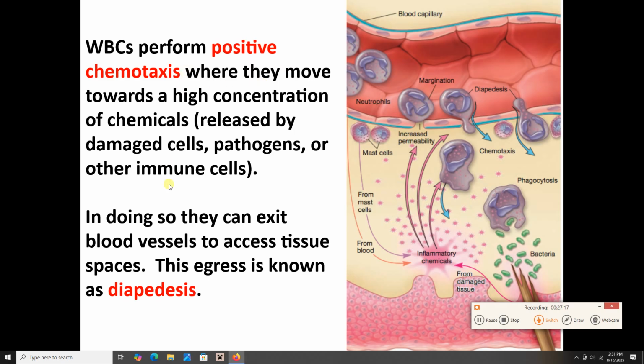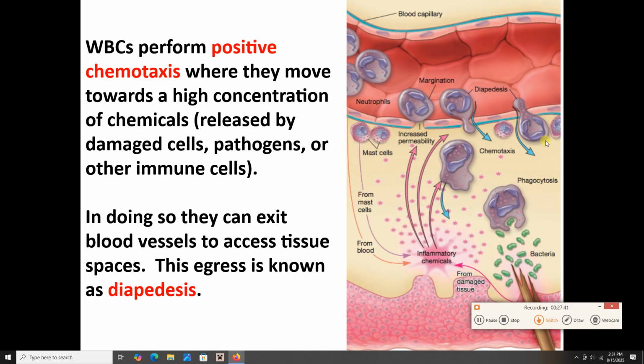Now, a crucial component, like a companion job for white blood cells, is something called diapedesis. Diapedesis is the ability for a white blood cell to get out of a blood vessel, to squeeze out of a blood vessel.